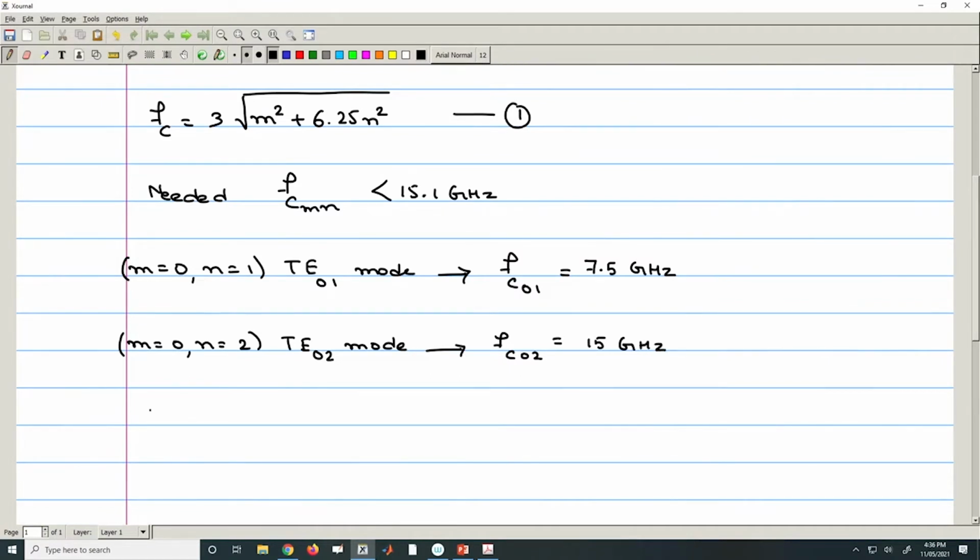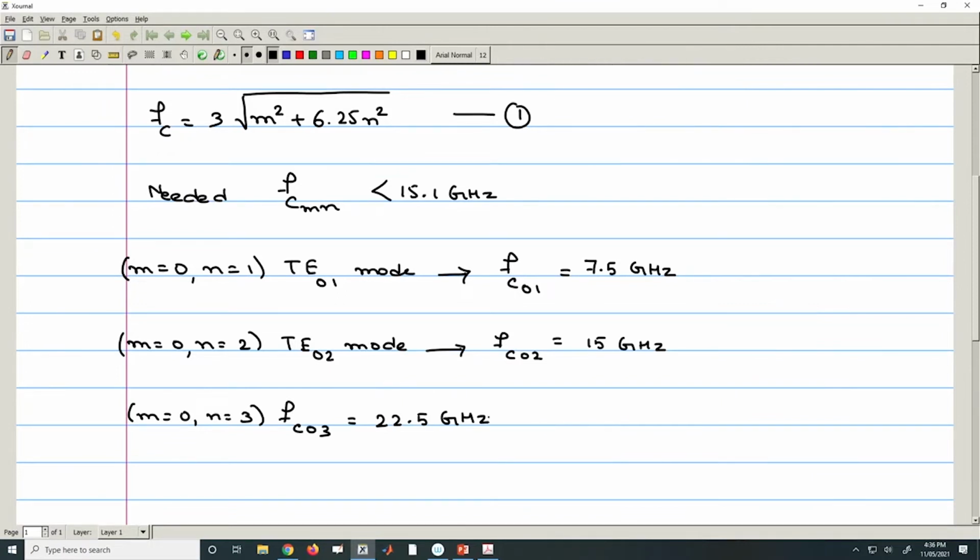Similarly for m 0, n 3 we will get f_c03 as 22.5 gigahertz.